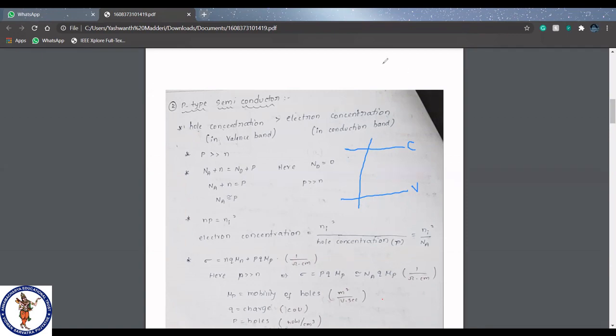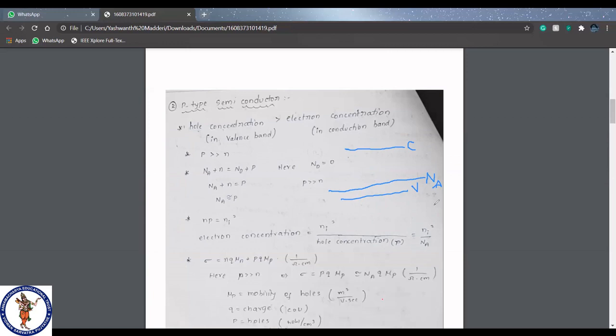But in this particular condition, we are doping additional things: we have an acceptor concentration, an acceptor energy level.